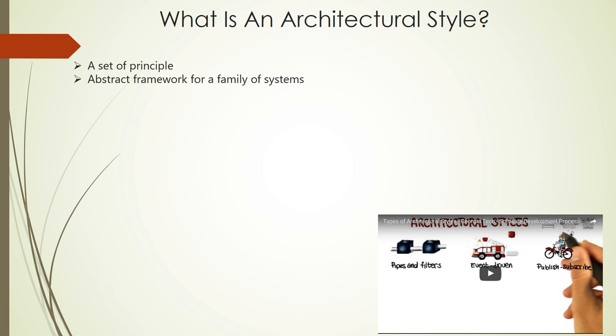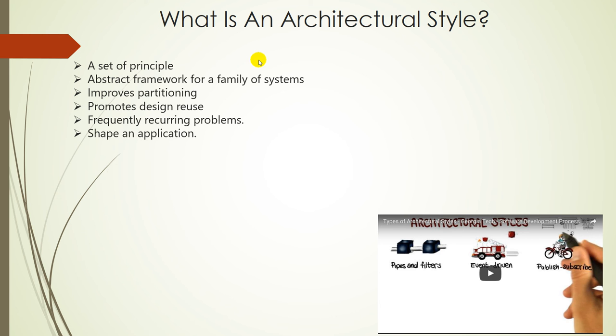An architectural style improves partitioning and promotes design reuse by providing solutions to frequently recurring problems. You can think of architecture style and pattern as a set of principles that shapes an application.